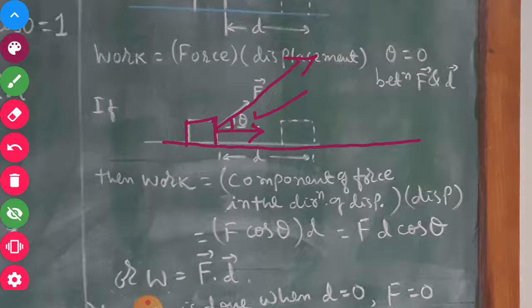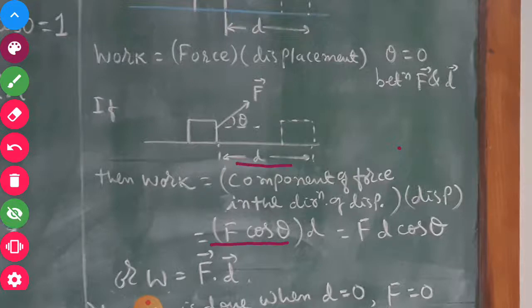So now you don't have to take the entire force in the direction of displacement. There is a component of force, or some effectiveness of the force, in the direction of displacement. Totally F amount of force is not acting in the direction of displacement. Only a part of the force, that is the component of the force in the direction of displacement, is acting, and that component of the force is F cos theta into displacement, that is d.